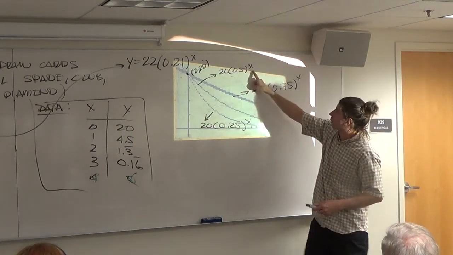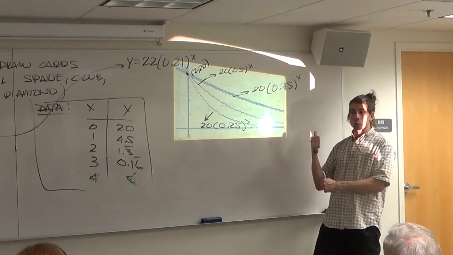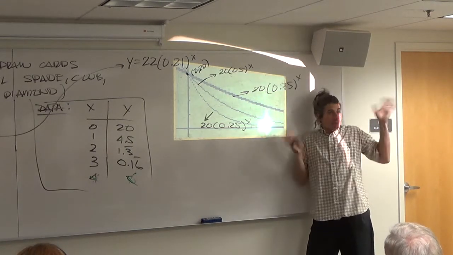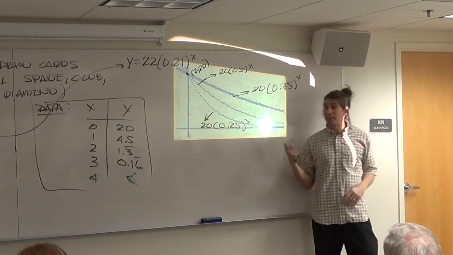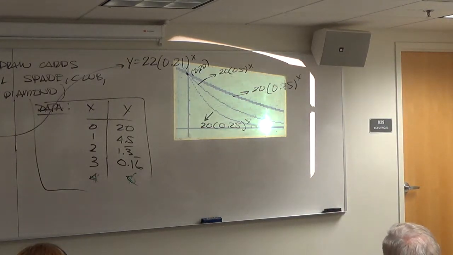Now that hopefully makes sense. If you plug 0 into any of these equations, the exponential part equals 1. 1 times 20 is 20. So hopefully that makes sense. All of our curves did the exact same thing too. The difference is in how fast they get to 0.